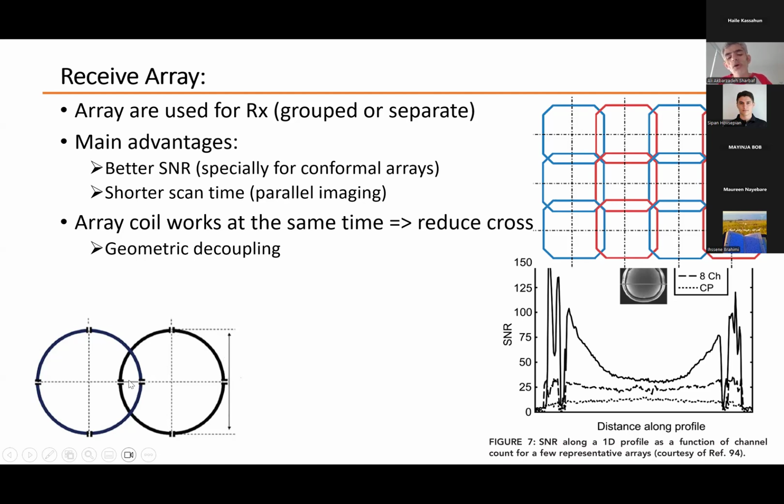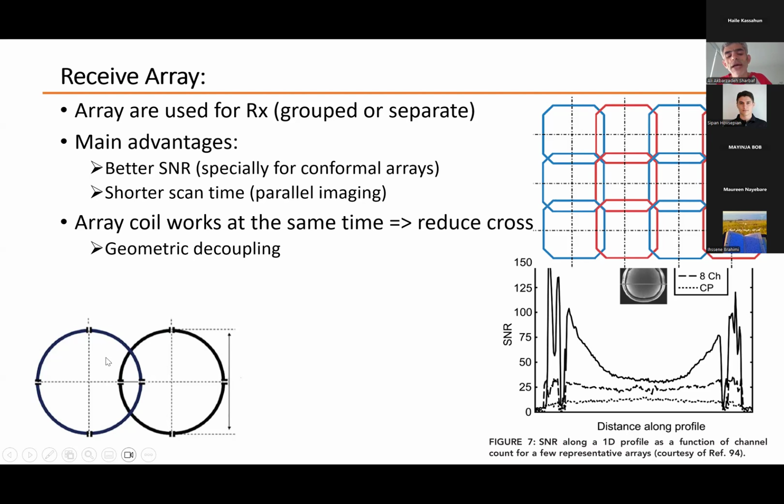But since there's an overlap, the magnetic field going through this overlapped part is in the opposite direction than the magnetic field going inside the other part, right? Because the magnetic field from the left loop, for example, is coming out from the screen.